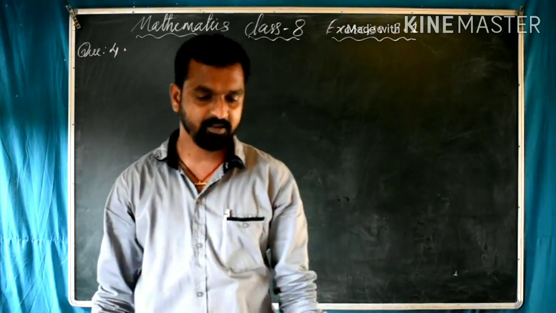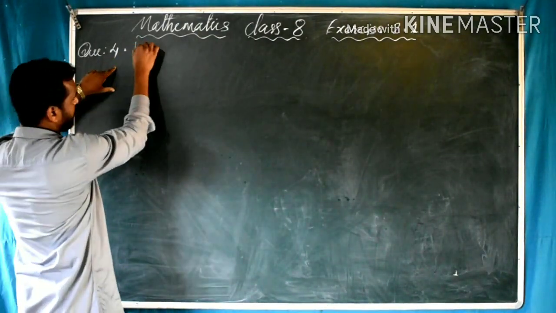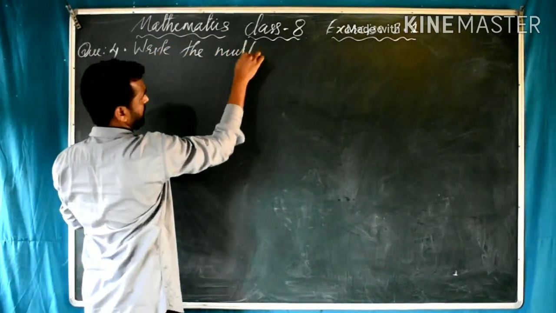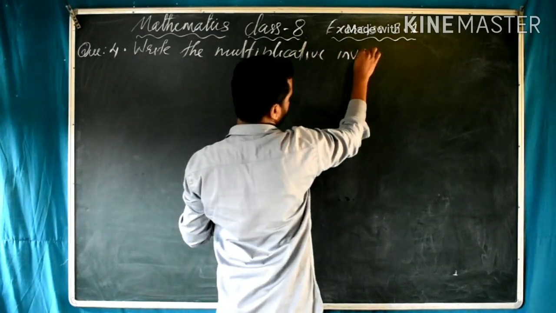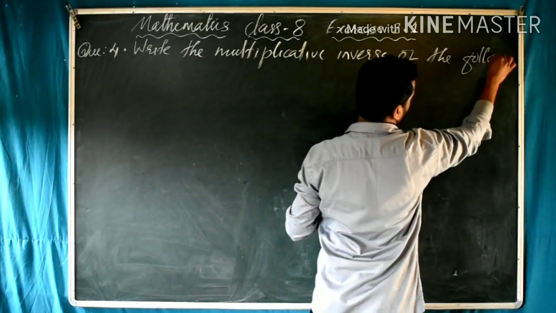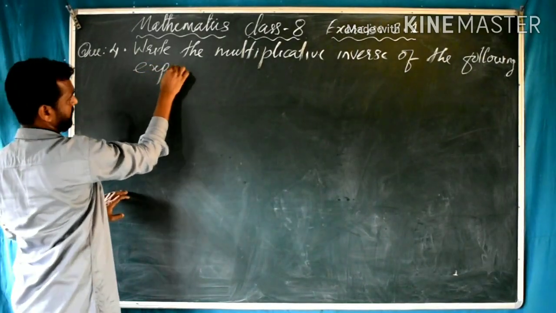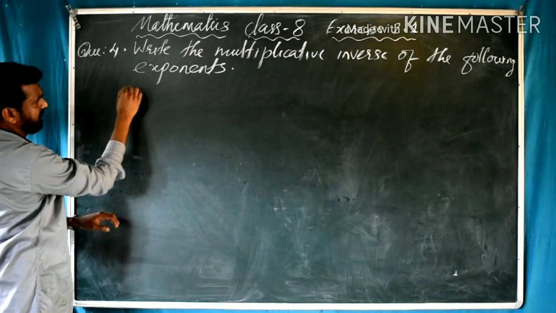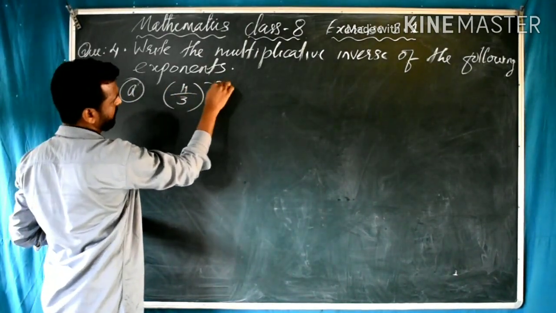Write the multiplicative inverse of the following exponents. Question A: 11 by 3 raised to minus 3.